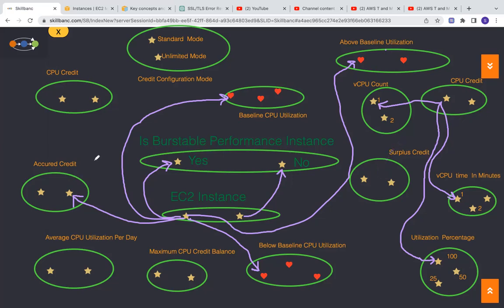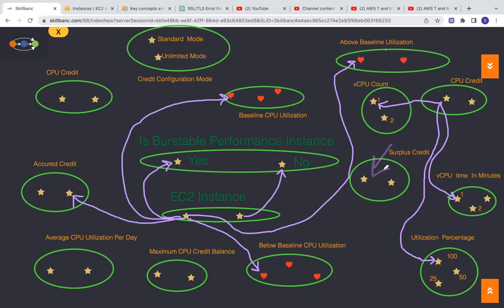Again, it will accumulate credits, and then it will consume those accrued credits in standard mode, even if the traffic is coming in very high. In unlimited mode, based on the traffic, it will keep on adding surplus credits.